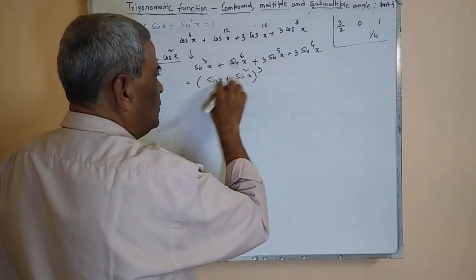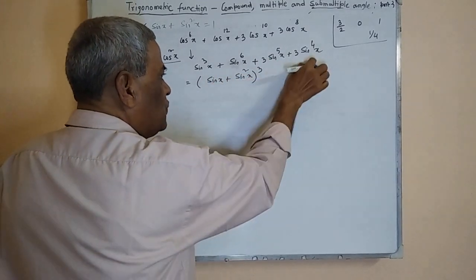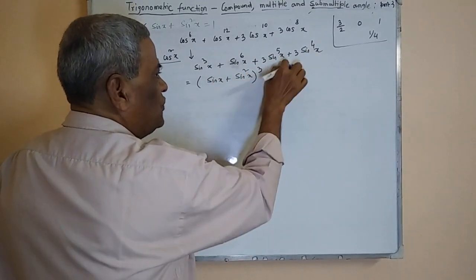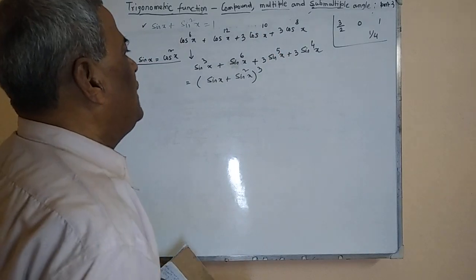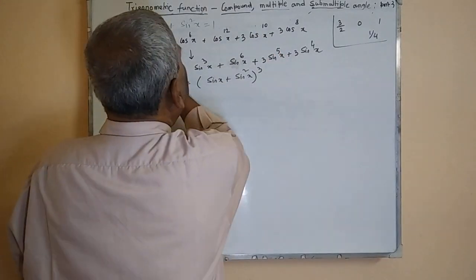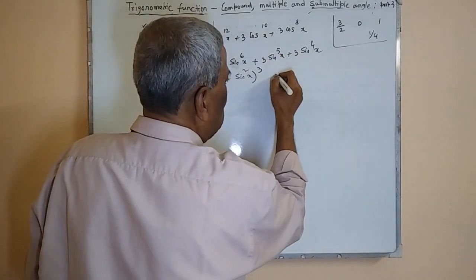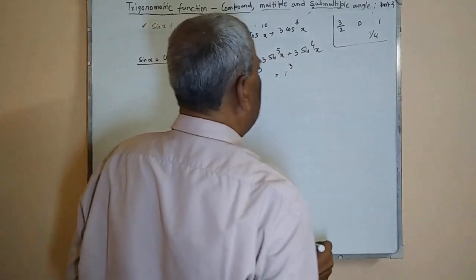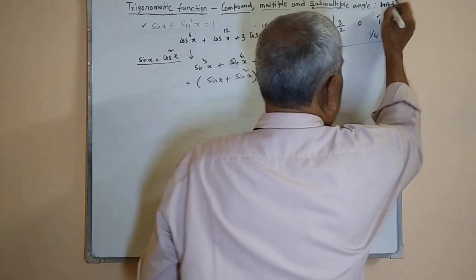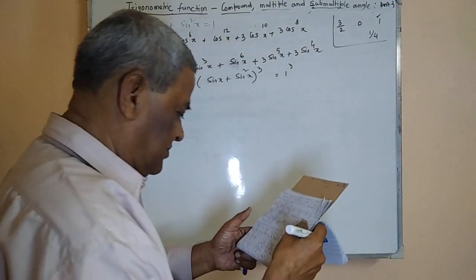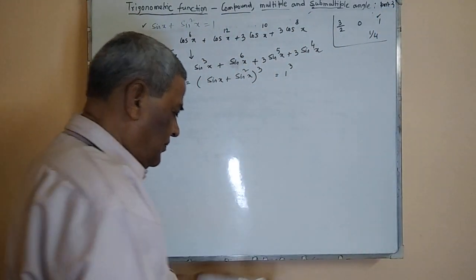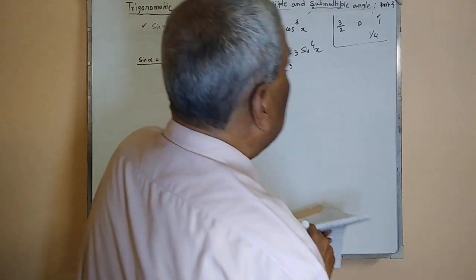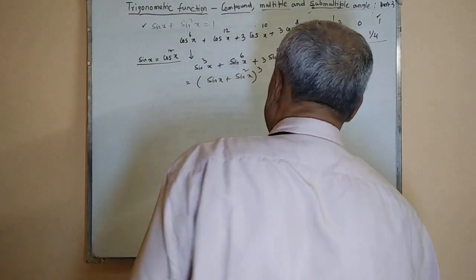And given that sin x plus sin square x is equal to 1, it is nothing but 1 cube, which is equal to 1. So our third option is correct. Now let us take the next problem.